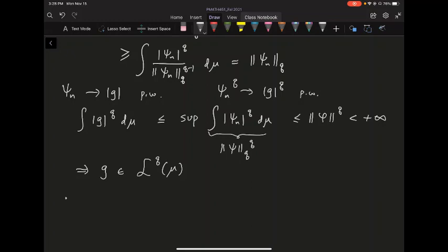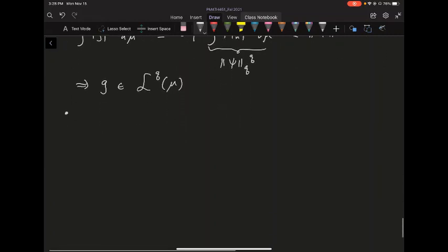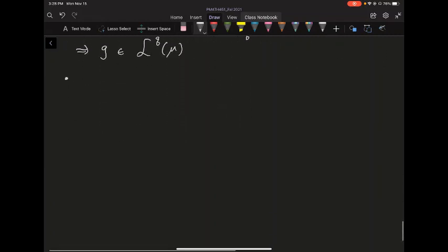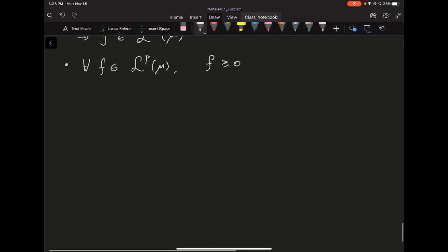So the second one, I want to prove that this integral formula can be extended to all the LP functions. So let's show that. For every f inside LP of mu, let's just consider the case when f is non-negative. Because it's in LP, it's measurable, so there exists some simple function.